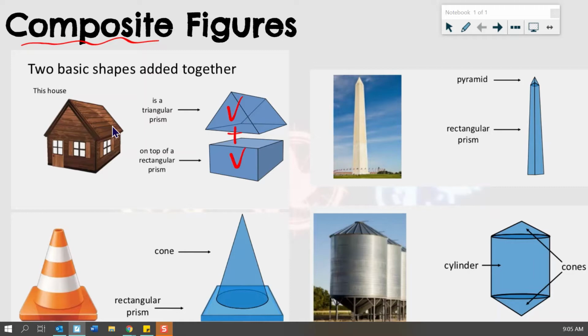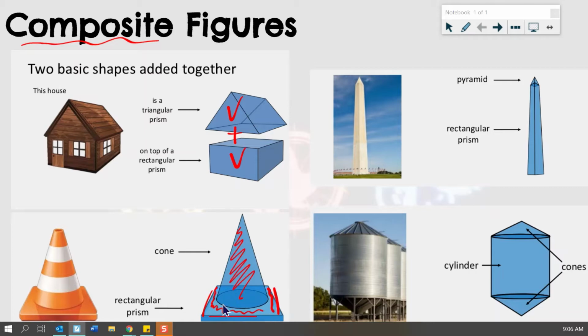When you have the surfaces of these three-dimensional figures on top of each other, there are parts that are going to be excluded. Thinking about this cone that's on top of that rectangular prism, we have this circle that's overlapping in both. That is not a part of the surface area. The surface area of a figure is just the outside faces. So you would deal with the top of this rectangular prism, each of the sides, the bottom, and the lateral surface of the cone.